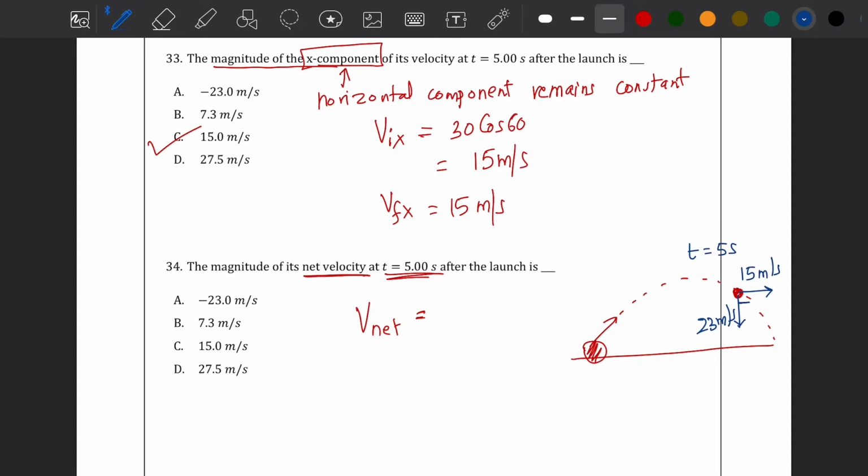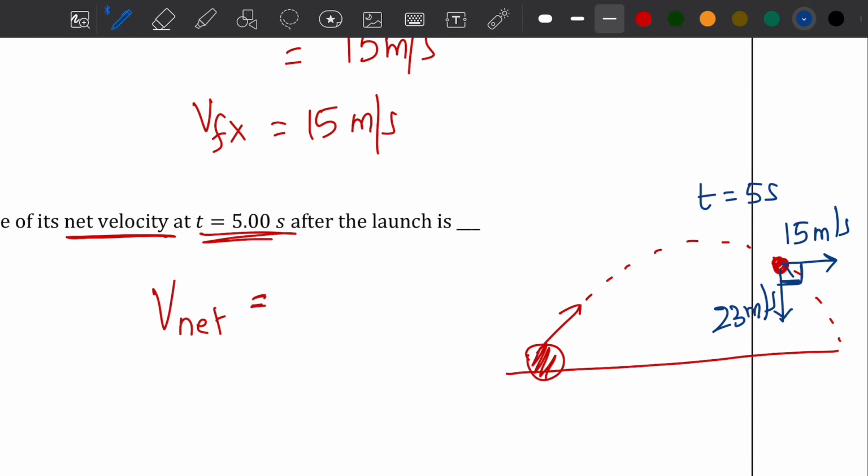So the angle between them is 90 and the question is asking you to find V net. V net will be along this line. This is V net. So we are going to use the Pythagoras theorem. V net square equal Vx square plus Vy square.